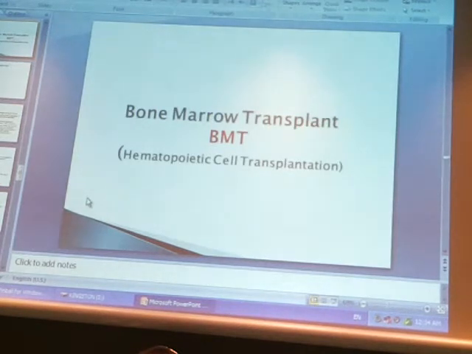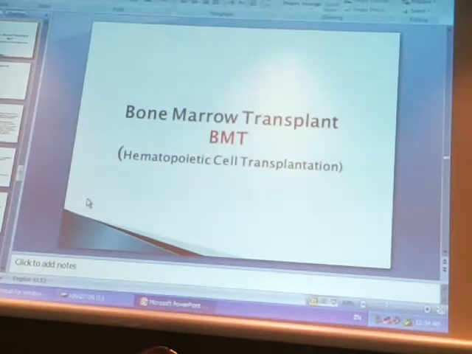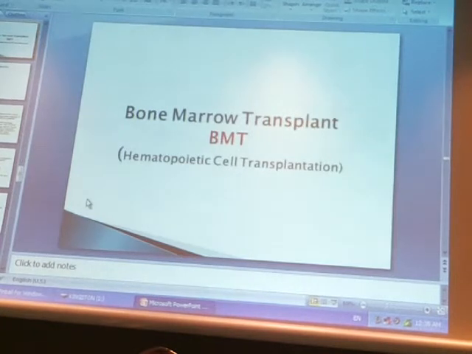What's oncology? Study of malignancy, science of cancer. Okay, oncology is the science of cancer. Bone marrow transplant is a section of medical oncology. It deals with hematopoietic stem cell transplant.